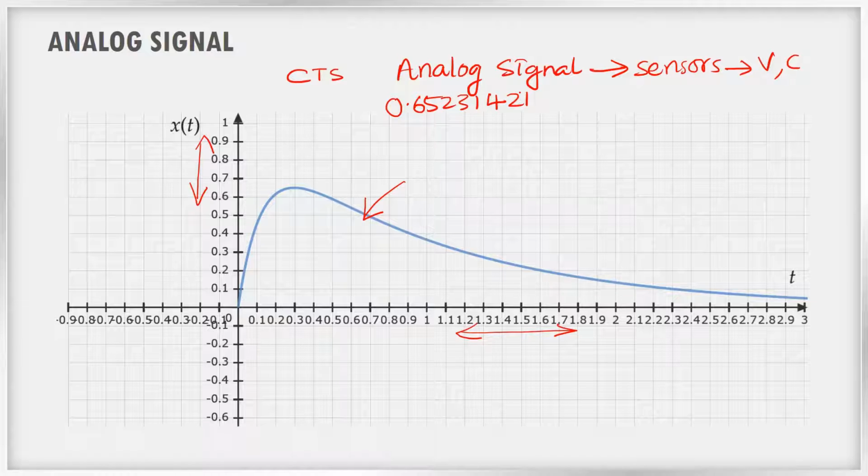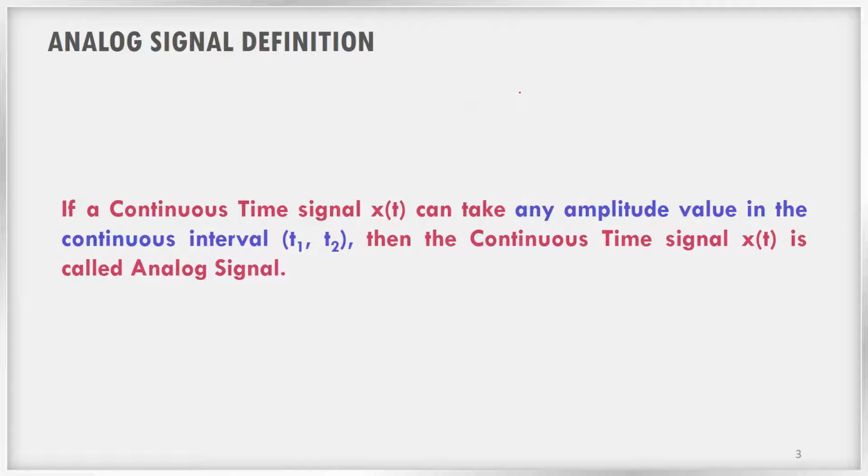It can take any values like that. There is no restriction on the amplitude values which this signal can take. Any signal which is specified for the continuum of the time axis, and can also take any value for amplitude, such signals are known as analog signals. This is the formal definition of an analog signal.